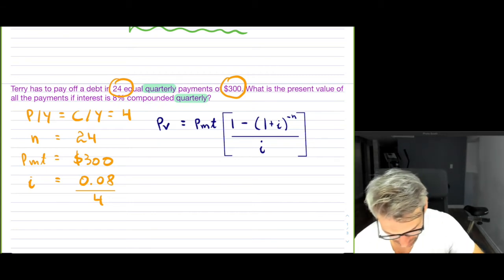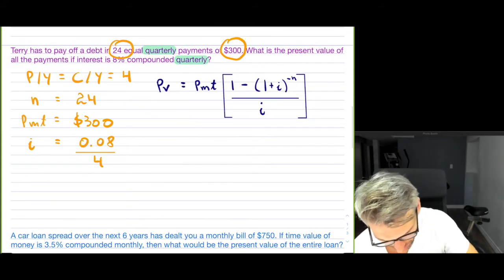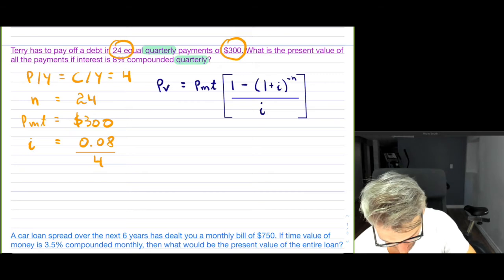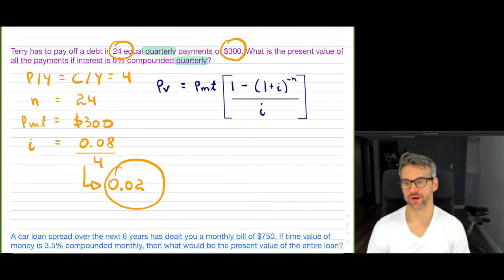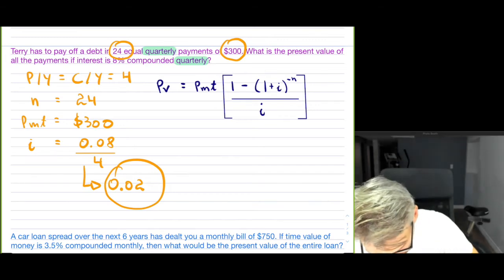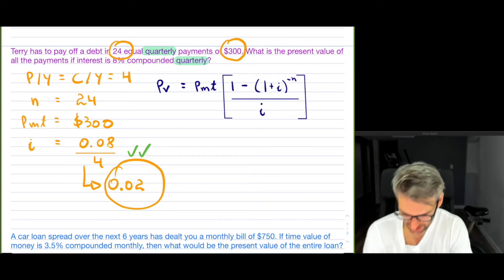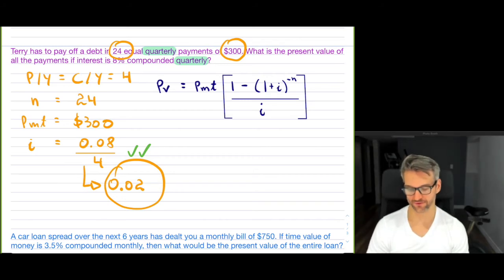If you were substituting all of this in and you wanted to find your present value, now that we have our formula, we can start plugging everything in and then doing our calculations. So let's do that. Here I just said 0.08 divided by 4, and that was 0.02.